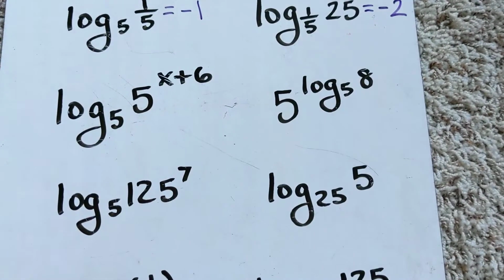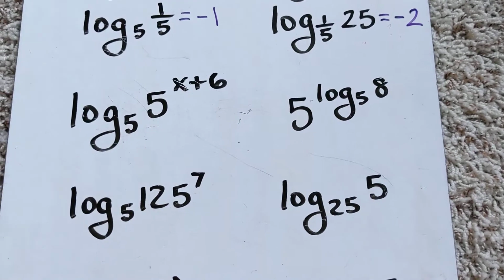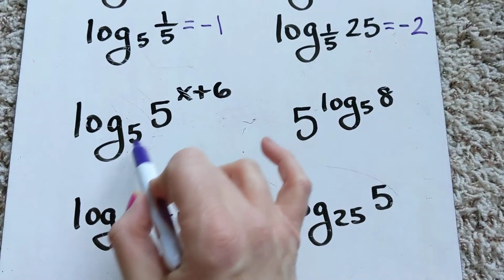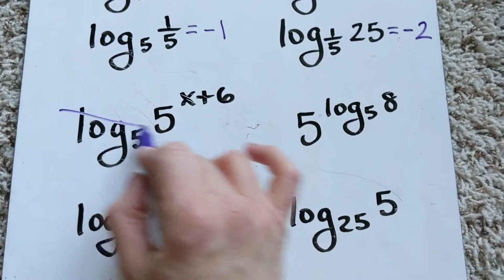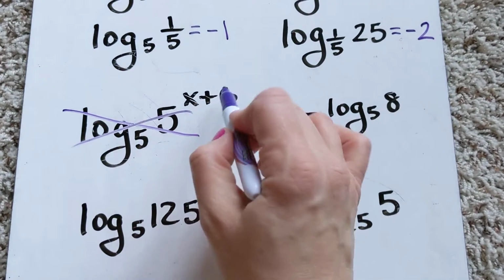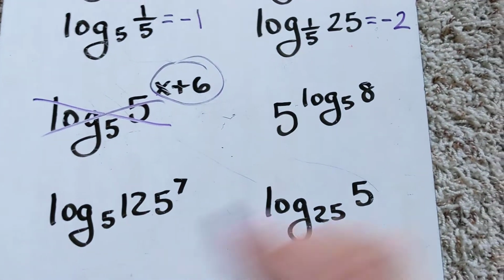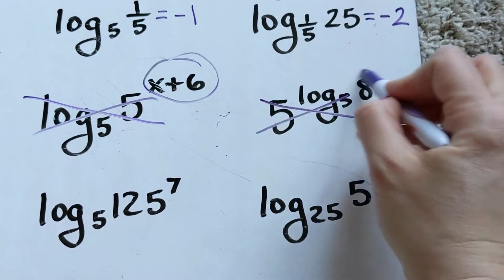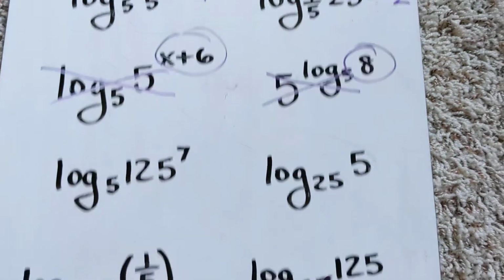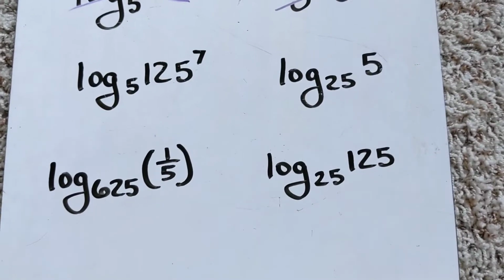These next two, you probably really like those type. When the base number and the big base number are the same, we just cross it out. Your answer would be what's left. Same thing over here. Okay, a few other properties.